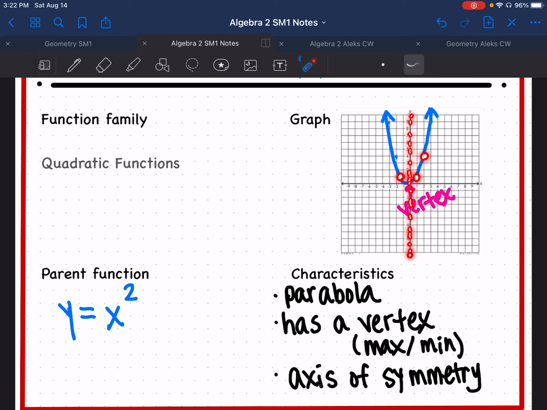The point 2, 4 is mirrored at -2, 4, and the point 3, 9 is mirrored at -3, 9, because they're the same distance away from this axis of symmetry. A lot of times you see the axis of symmetry written like this, capital A, lowercase o, capital S. It's one way that we like to write the axis of symmetry.